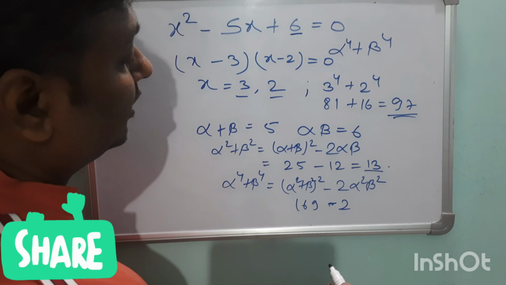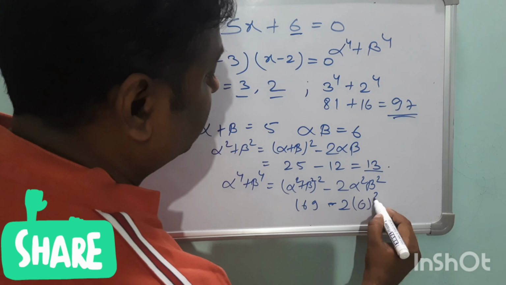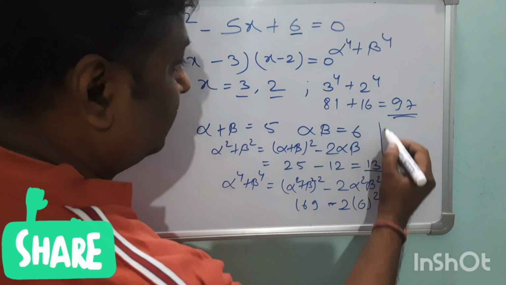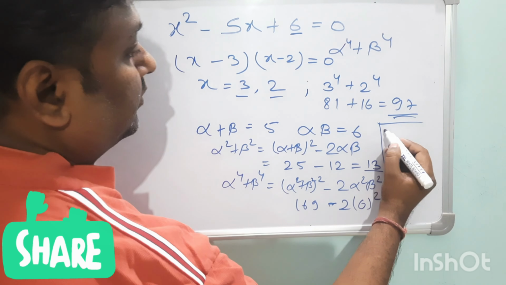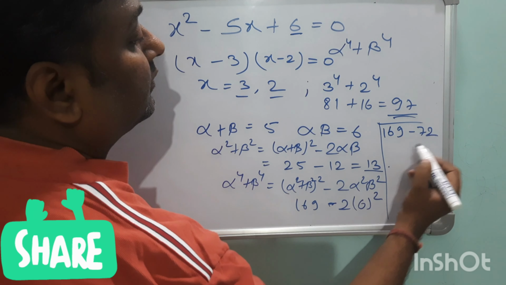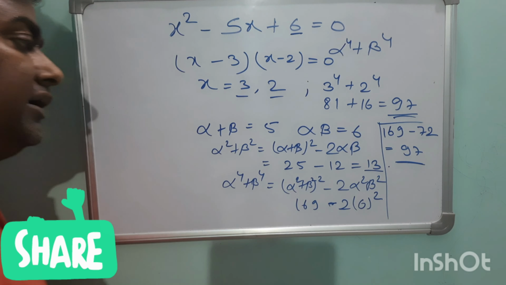Alpha into beta is what? Alpha into beta is 6, square. So here I am doing it just for the sake of it. 169 minus 72. This will again, if you see, be 97. So we are getting the same answer.